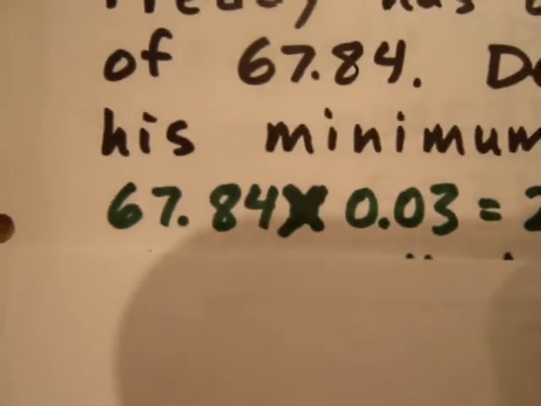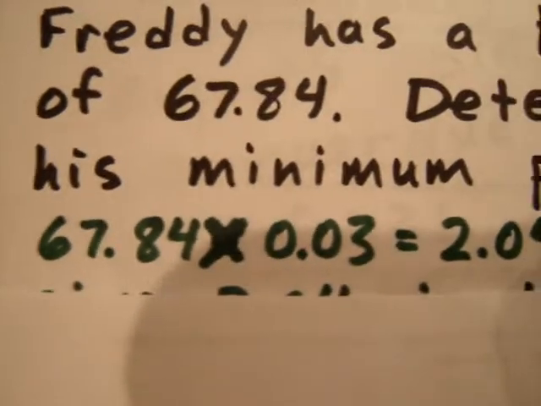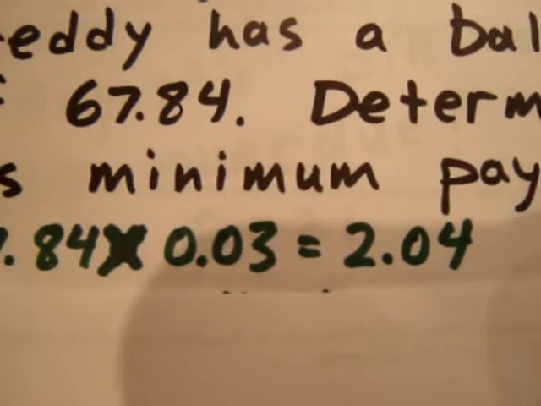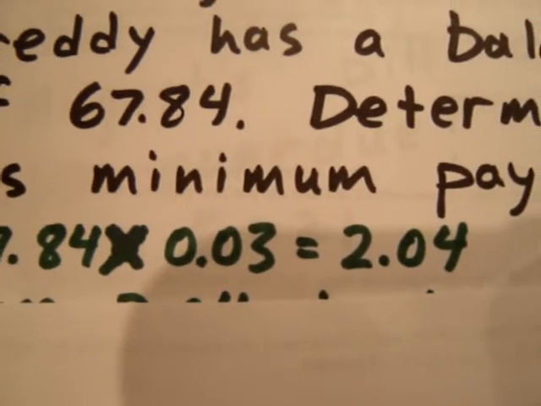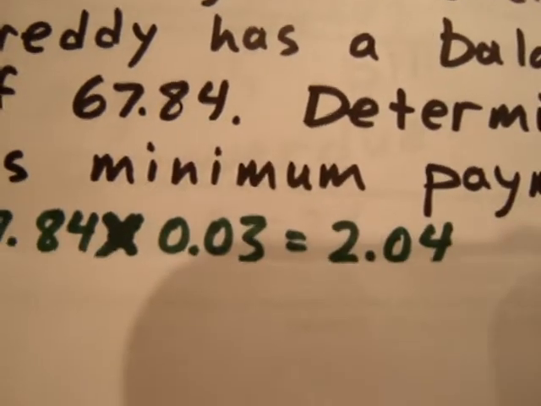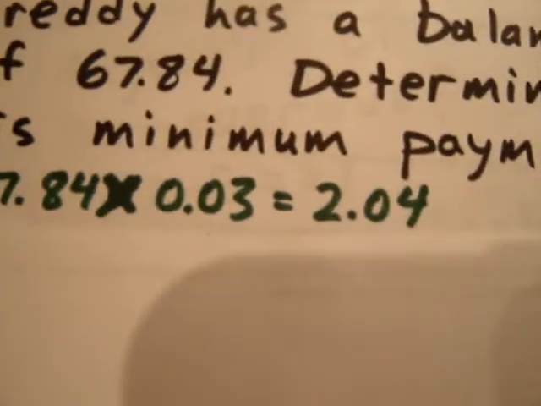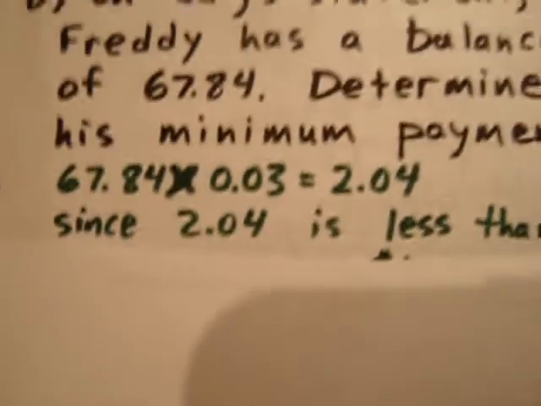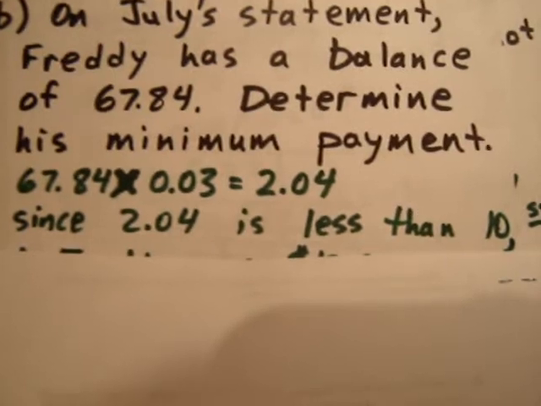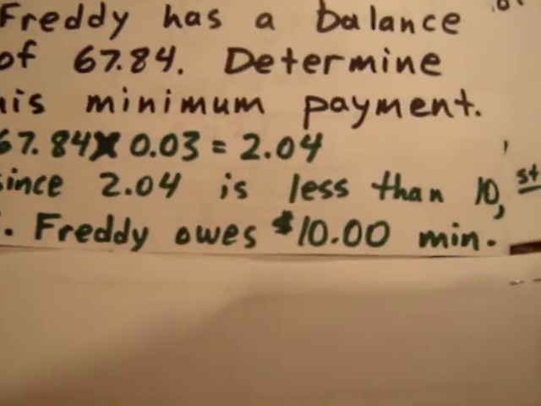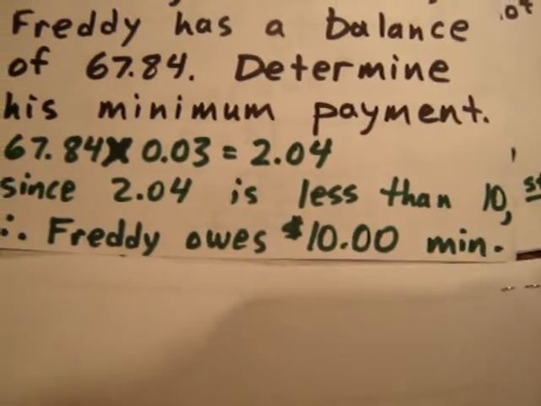So, $67.84 outstanding times 3% is equal to $2.04. Since he has to pay the greater of $10 or $2.04, he clearly has to pay $10. Since 2.04 is less than 10, Freddie owes the $10 minimum.